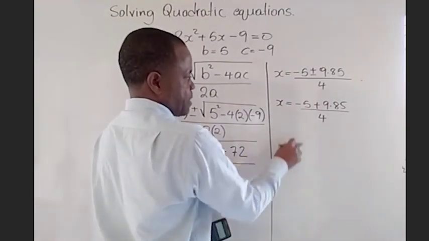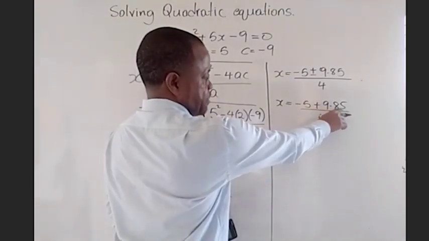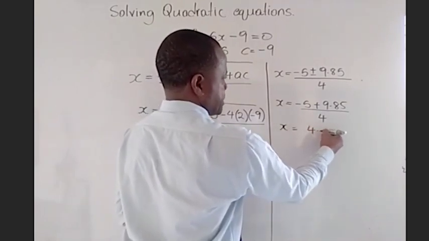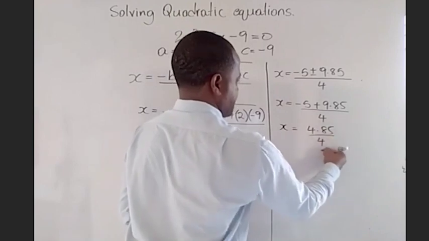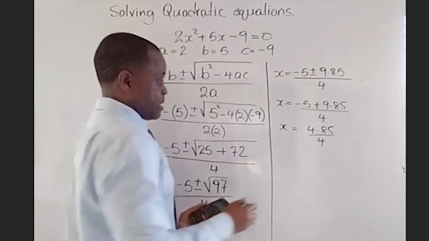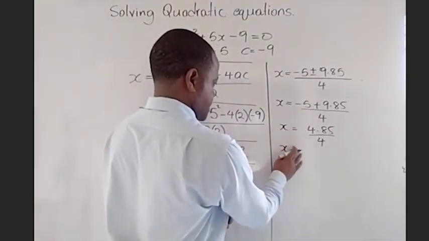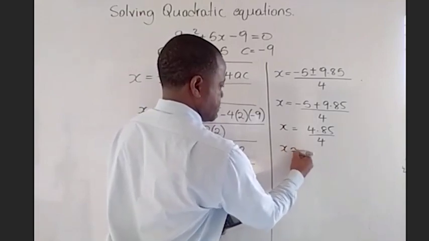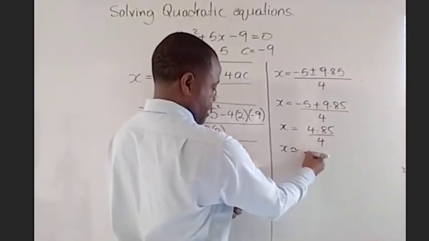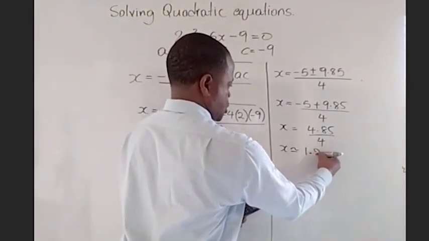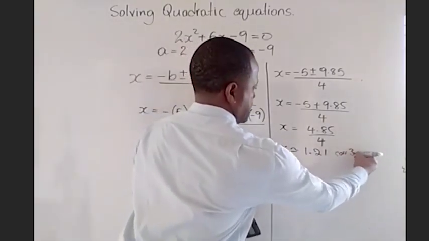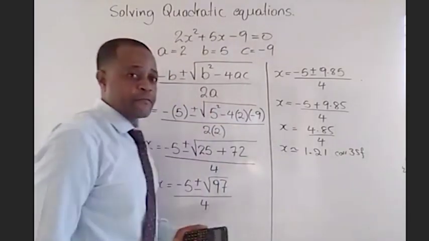Now if you notice, this is negative and we have a positive here, so we should end up with x equal to 4.85 divided by 4. And that will give us that x is, and I use my approximation sign because what I'm going to write down is not the exact value, x is approximately equal to 1.21, correct to 3 significant figures.